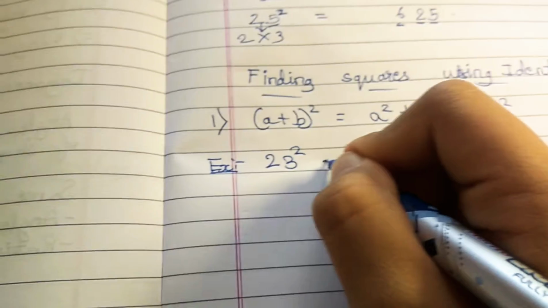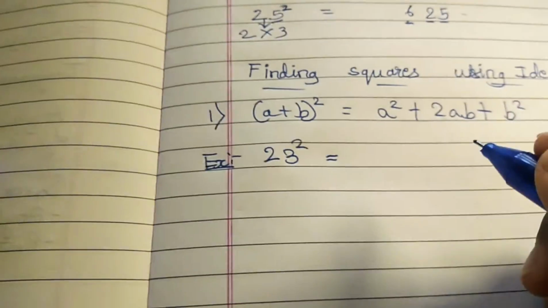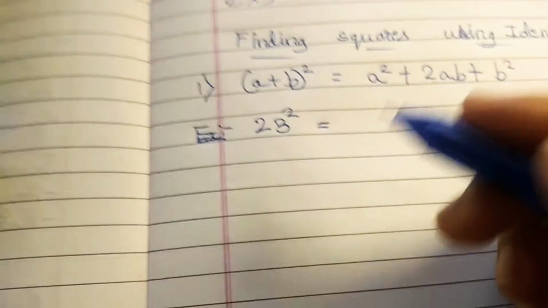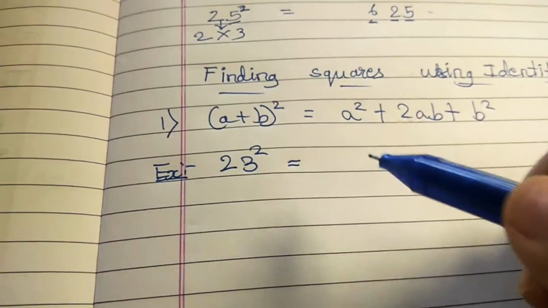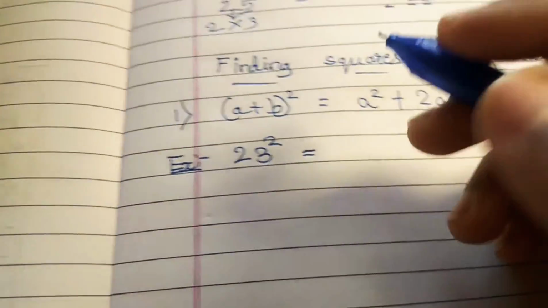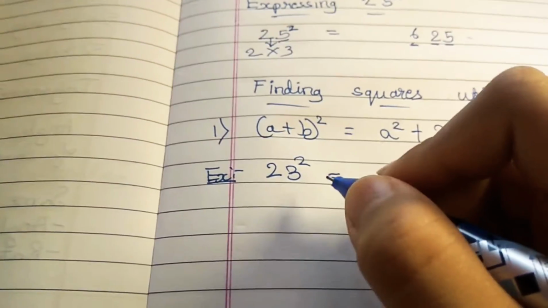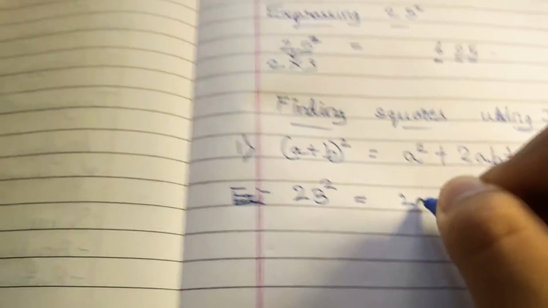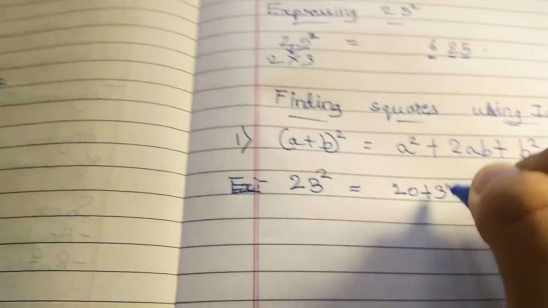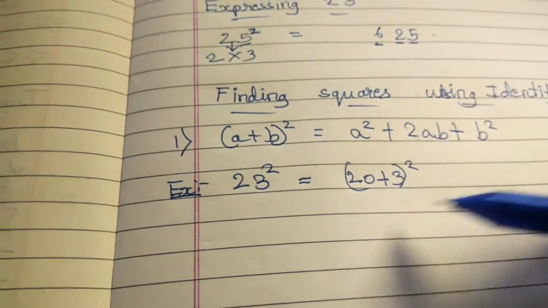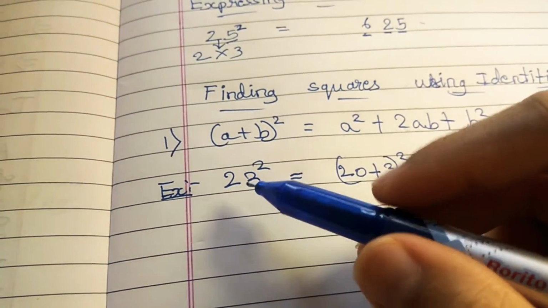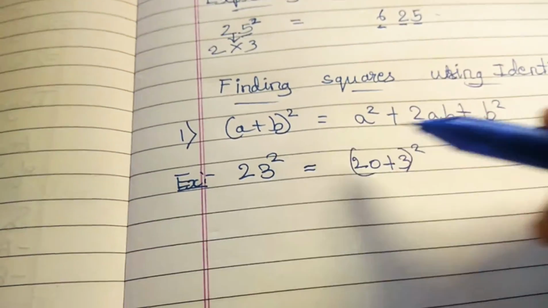So what you should do is, we can write 23 square as a plus b whole square. How to write it as a plus b whole square, you ask me? 23 is 20 plus 3, so 20 plus 3 whole square is also written as 23 square.